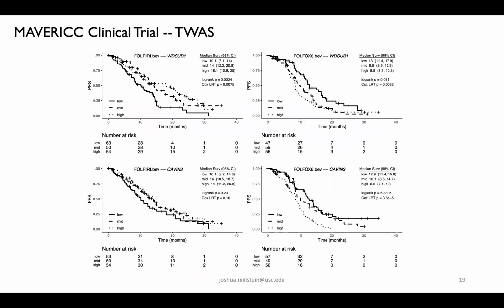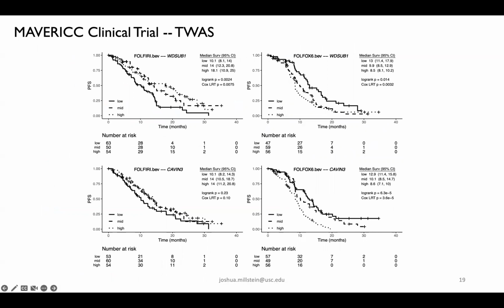If we look at Kaplan-Meier curves for these results, we can see why these genes were identified as having an interaction between treatment and the gene expression effect on progression-free survival.